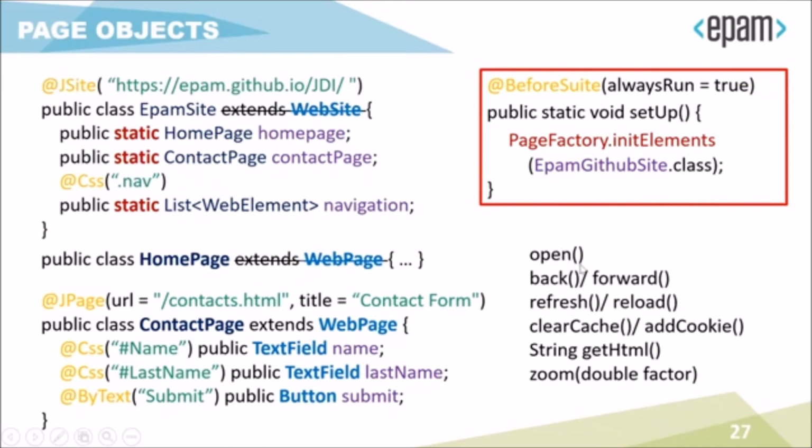And in addition, we have some more things related to pages, except back, forward, refresh, and other things that I have in WebDriver. You also can get the HTML code of your page object, or you can zoom on your page to some factor, for example, lower your page to 50%, or you can zoom out to 200% or something like this.